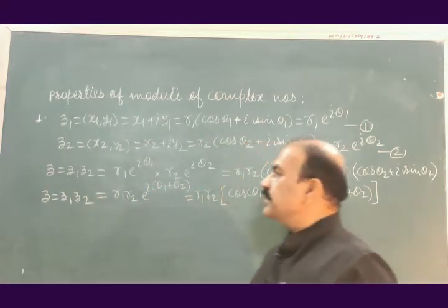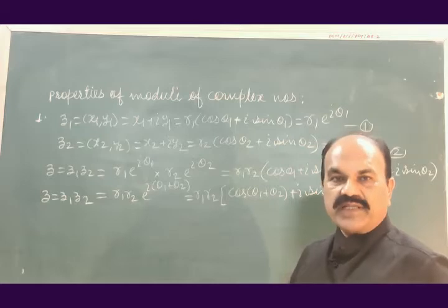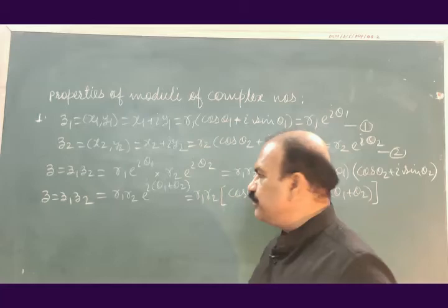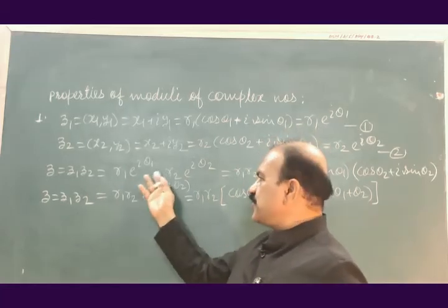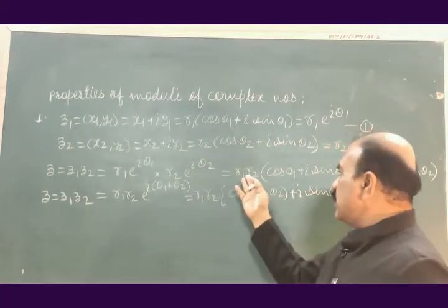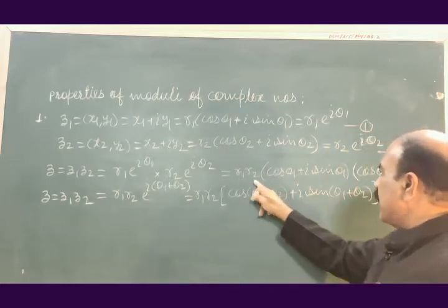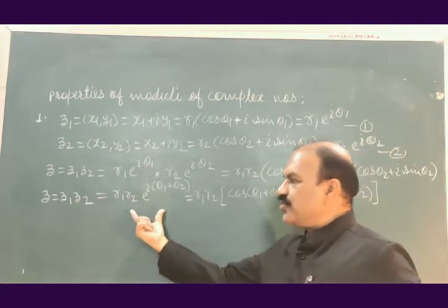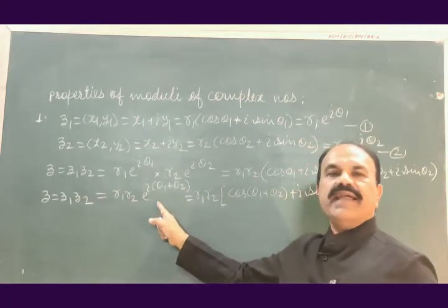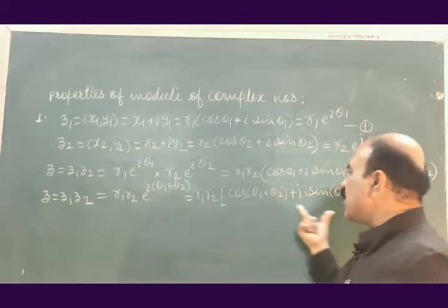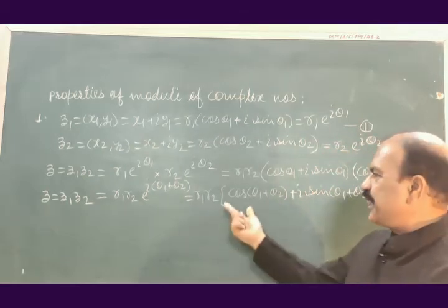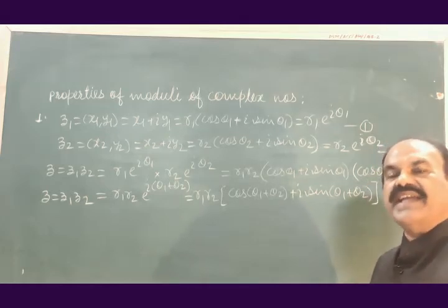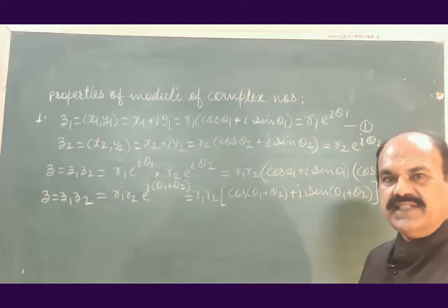So z, a complex number, is the product of the two complex numbers z1 and z2. z1 is this, z2 is this. What is the product of these two? This one is r1 r2 e to the power i(theta 1 plus theta 2). What is the product of these two? We found many times, it is r1 r2 times cos(theta 1 plus theta 2) plus i sin(theta 1 plus theta 2).